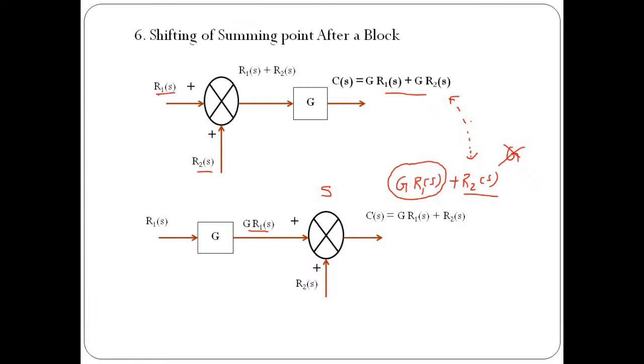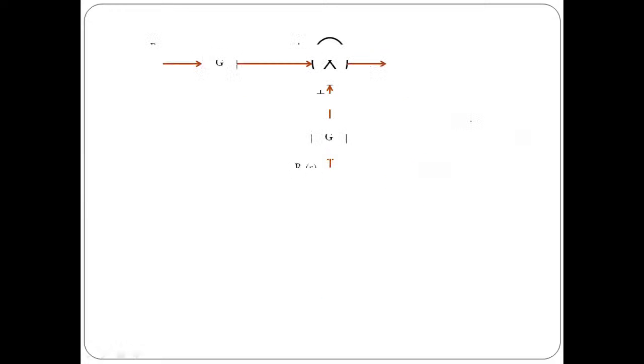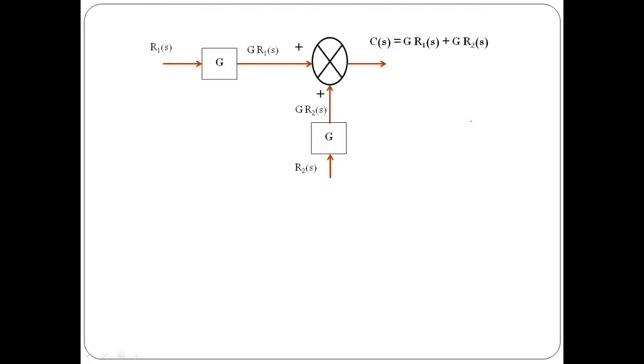So in this particular case, we add a block of gain exactly equal to G at the summing point. Then if you apply that logic and calculate the output, C of s is going to be G R1 of s plus G R2 of s.